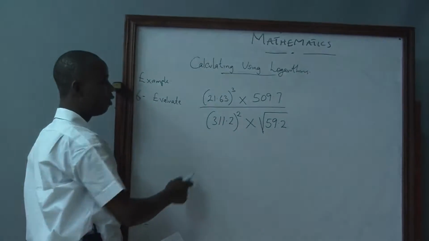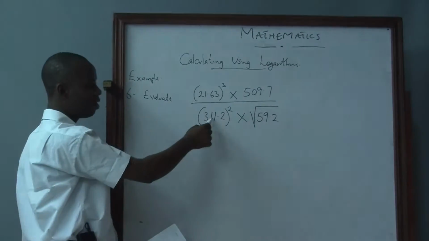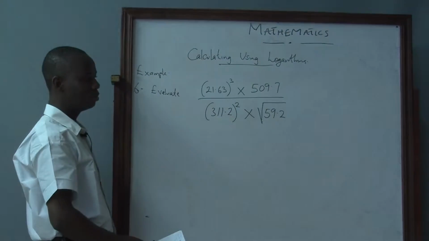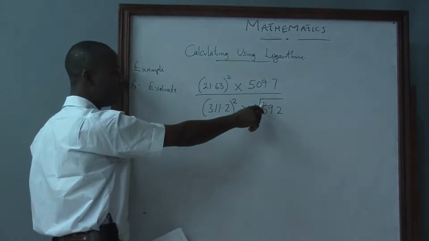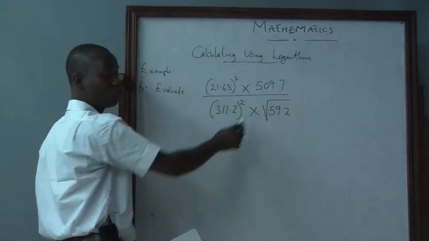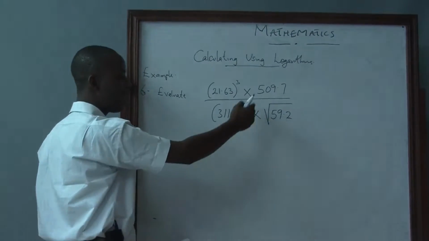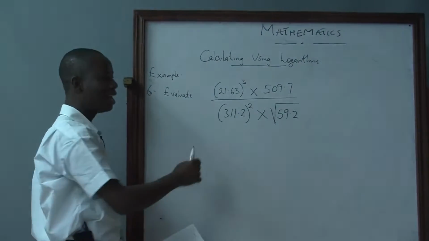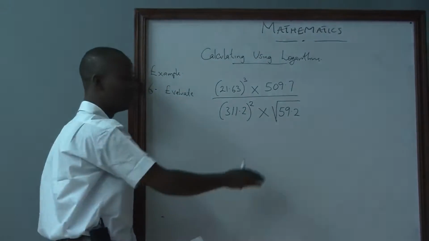We'll come to this one also. We'll multiply the log of this by 2 to fulfill this raised to the power of 2. And we divide the log of this by 2 to fulfill this square root. Then whatever result we have in the first and the second, we add them together to fulfill this multiplication. And that will settle our denominator.